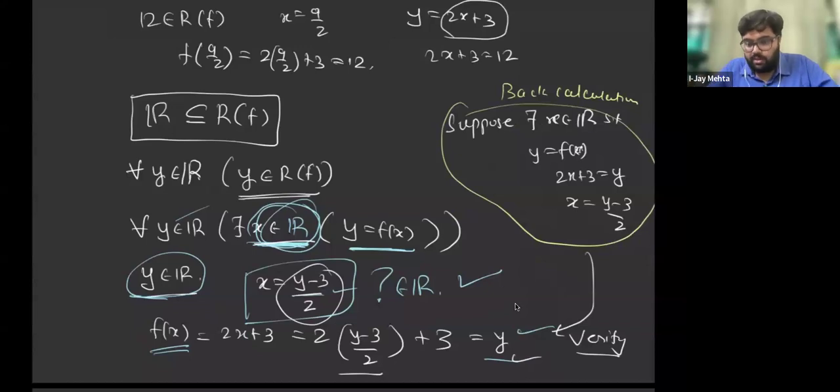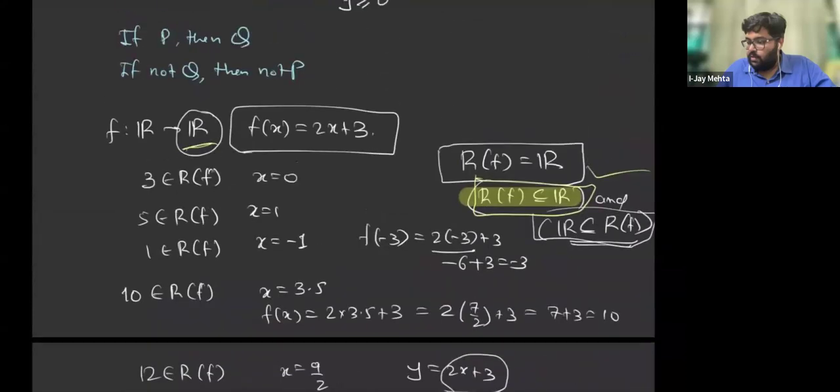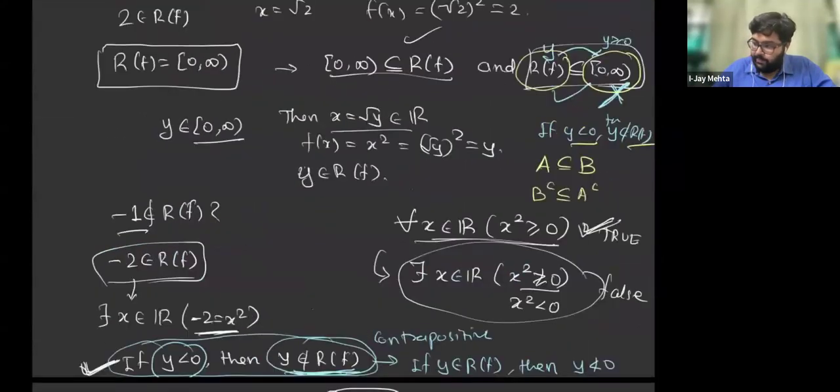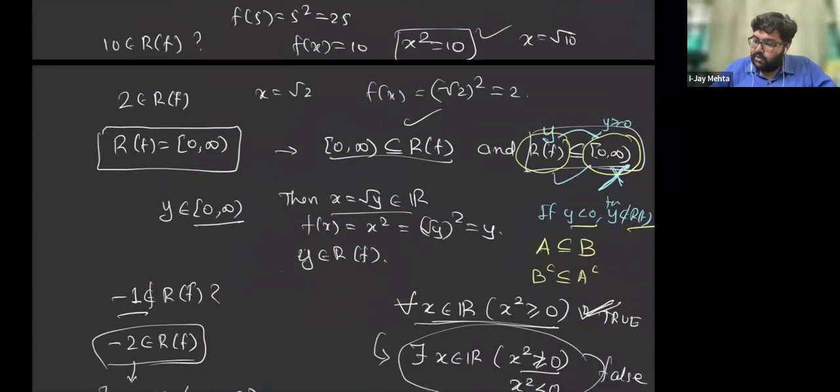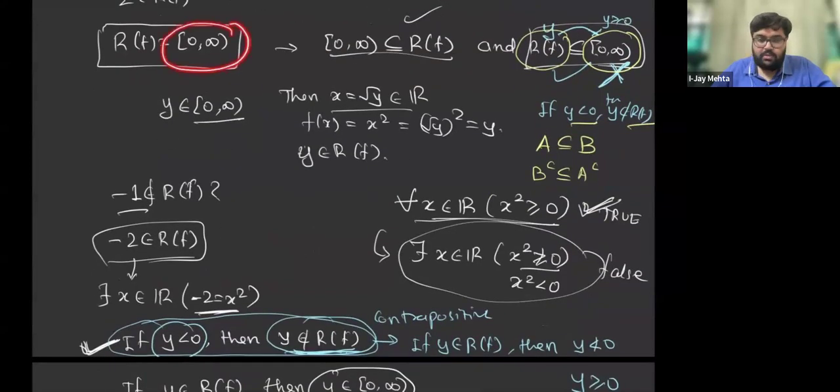Right, so we have seen two examples to summarize what we have done so far. First example is of x square. In x square, we saw that the range is 0 to infinity. So if y is greater than or equal to 0, then x equals root y.